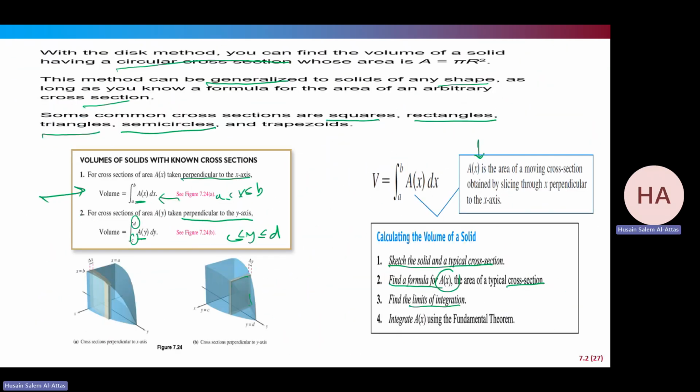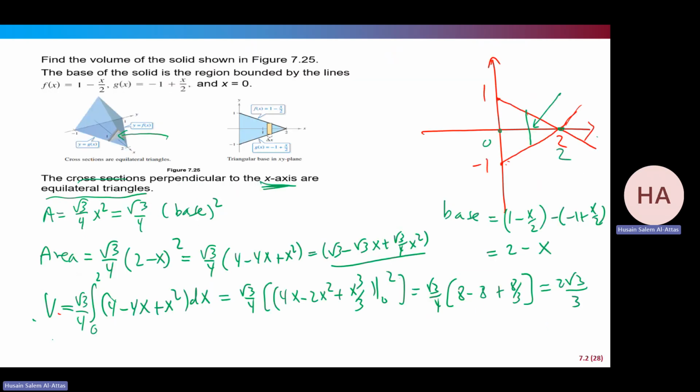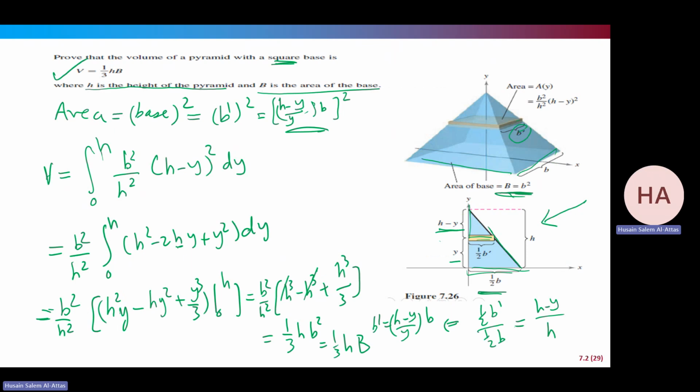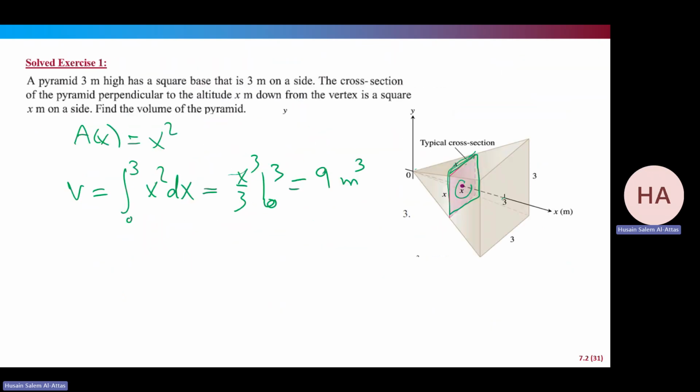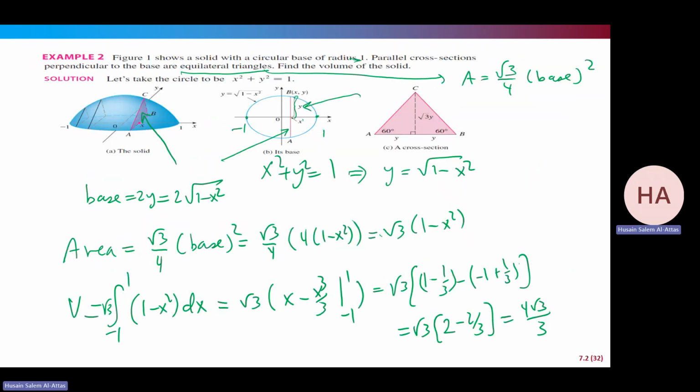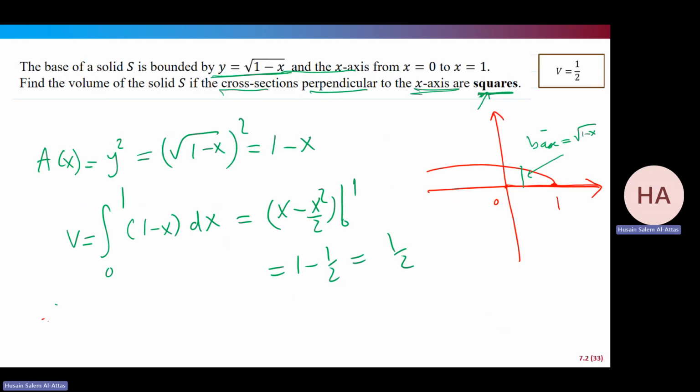Now if I need different cross sections, with this function, perpendicular to the x-axis, I did it just with the x values.